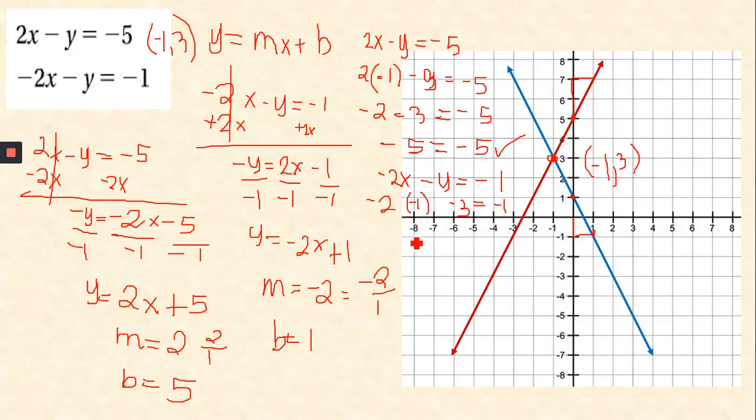Negative 2 times negative 1, that is positive 2, minus 3 is equal to negative 1. So negative 1 is equal to negative 1. The statement is true, meaning to say negative 1 and 3 is the solution of the second equation. So therefore, negative 1 and 3 is the solution of the given system. Any question?